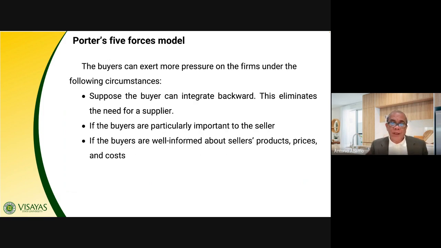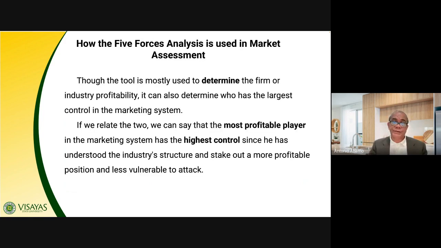And if the buyers are particularly important to the seller, it will also trigger a natural benefit to the buyer if they are organized, and, for example, your store has limited options in terms of replacing the buyers.